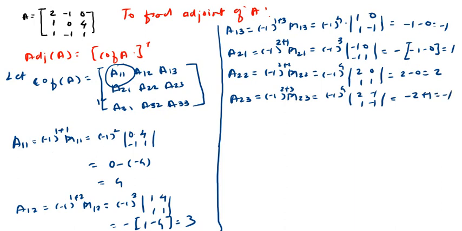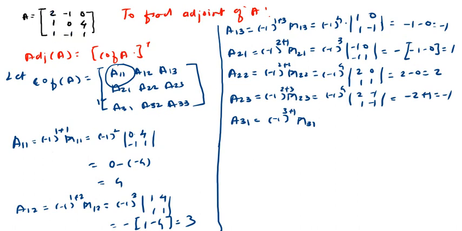Okay, now find out a 3 1, which is minus 1 raised to 3 plus 1 into M 3 1. M 3 1 is the minor of the element a 3 1. So a 3 1 is this element. So hide this column, hide this row. What remains? Minus 1 0 0 4.